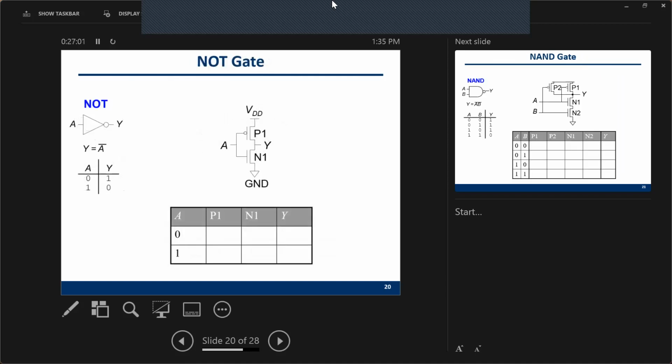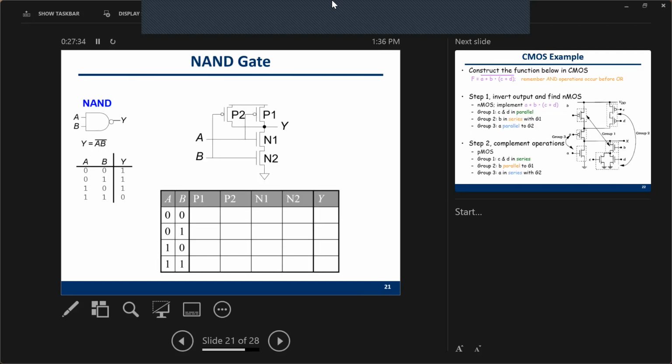So you can write this table yourself. Y is 1 when A is 0. If A is 1, then the PMOS is open, so the 1 here cannot pass through this gate. But the NMOS is closed, and this 0 can pass through this gate and arrive at Y. So this is a 0 here. In this way, it's a NOT gate.